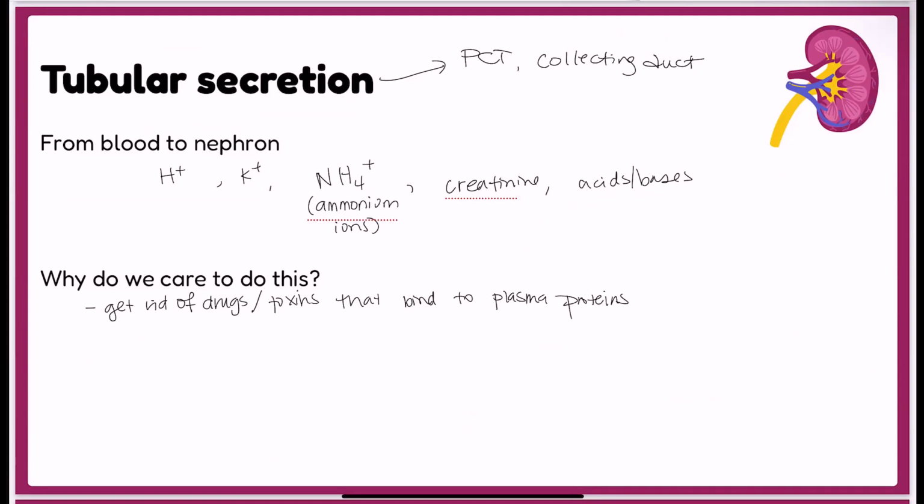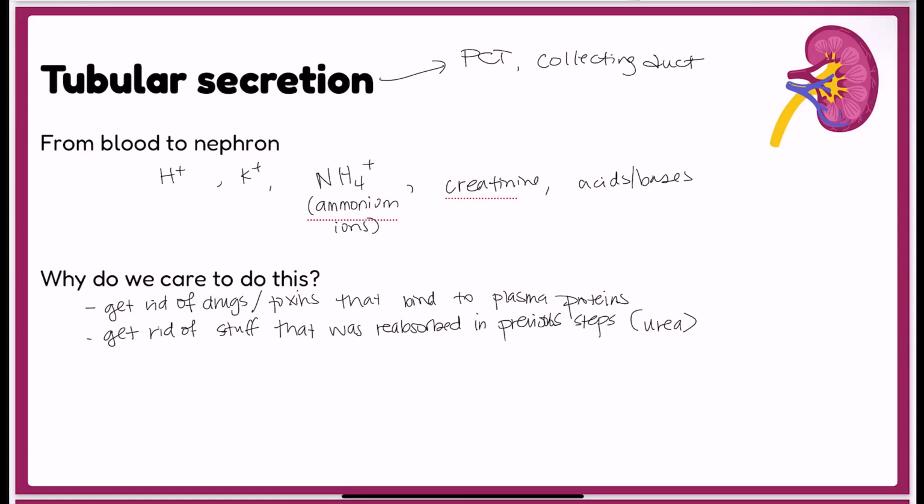So if it was bound to a plasma protein before, but now we've been able to separate those things, we can put it back in the nephron. We can get rid of stuff that was reabsorbed in previous steps. The big one here is urea. So we can filter it or reabsorb it out, but then we want to put it back in.